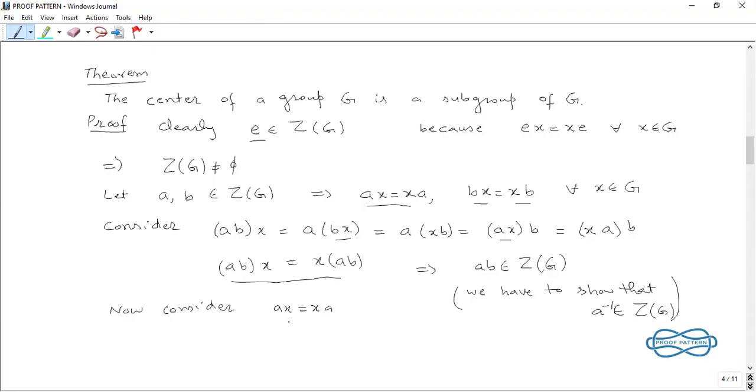We consider that ax is equal to xa because this a belongs to the center. Now, if we pre and post multiply with a inverse, what do we get?